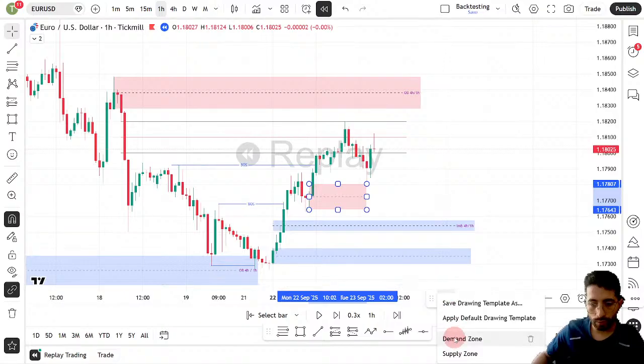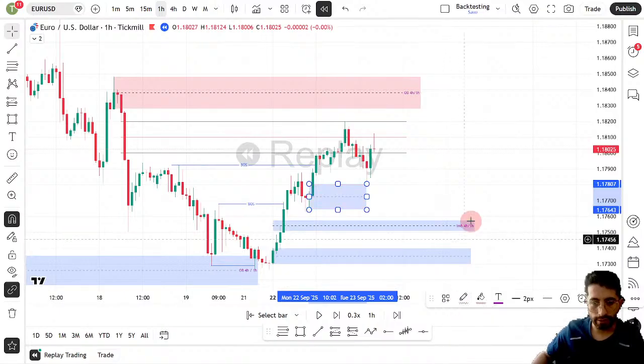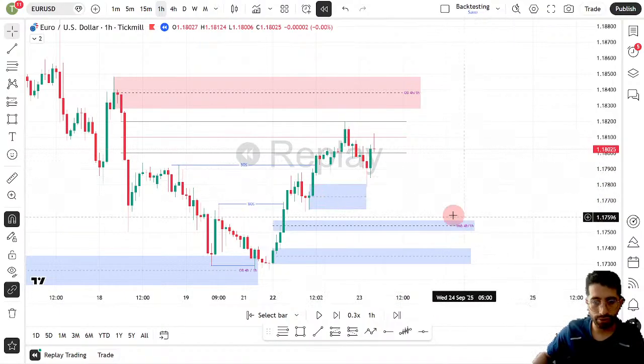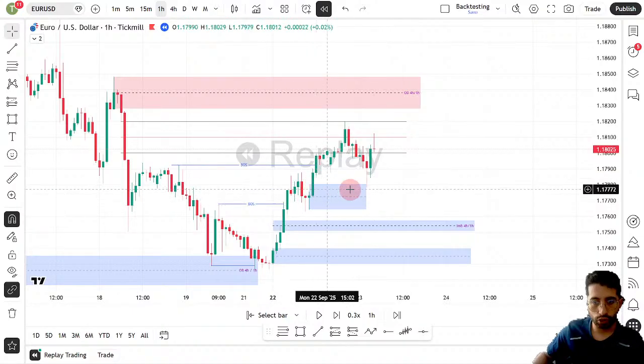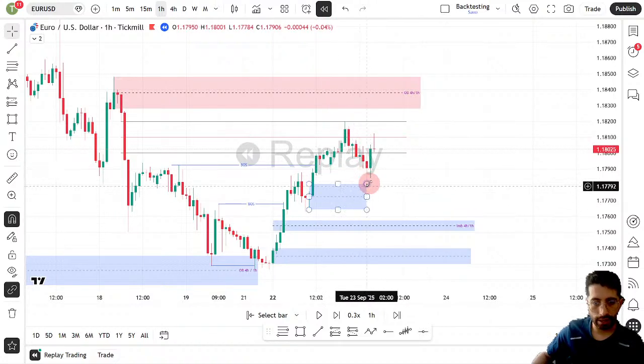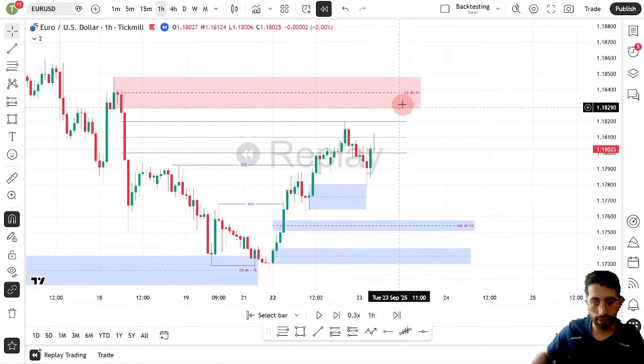Now, we need to be smart enough, and this is advanced market structure. We need to spot the order blocks. So after this break of structure, this will become a decisional order block. If the price doesn't make a confirmation here, we can buy until this point and wait to see what will happen here, right?